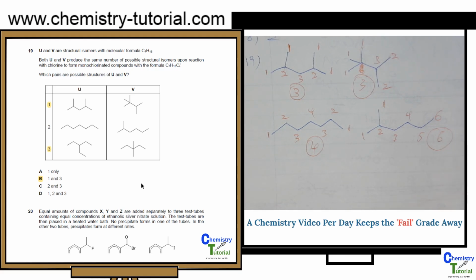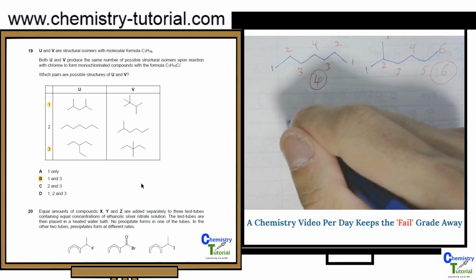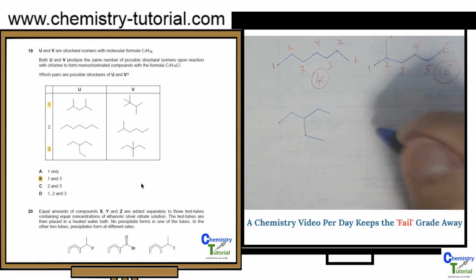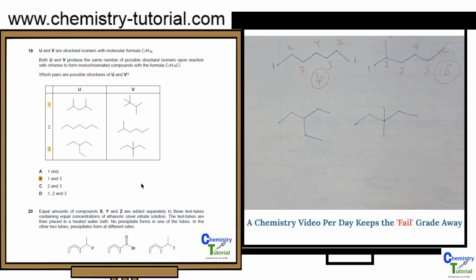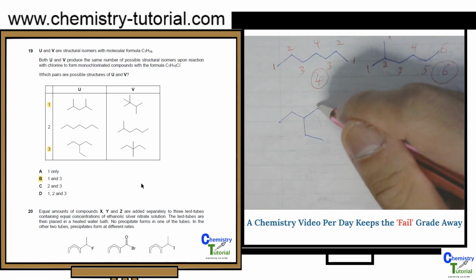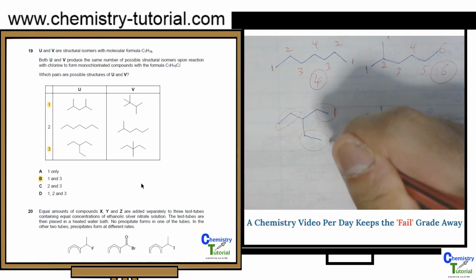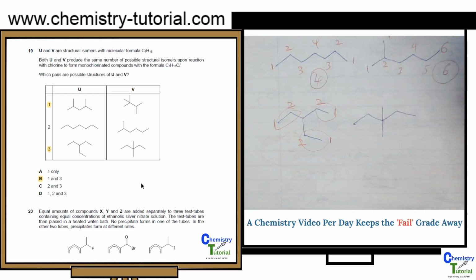So let's look at the next one, option 3. Now I need to see that actually this whole thing, this ethyl group, are equivalent. So 1, 1, 1, 2, 2, 2, plus 3.